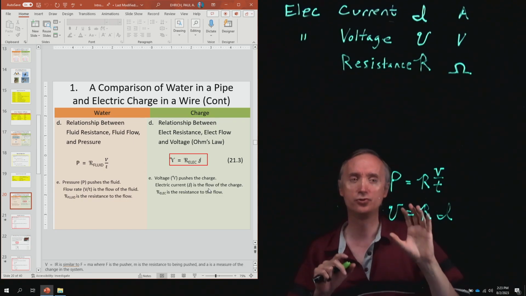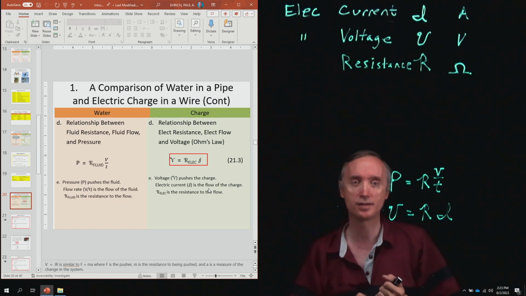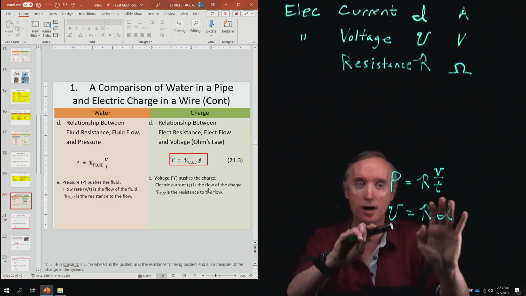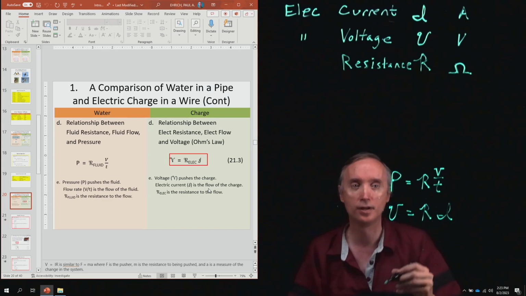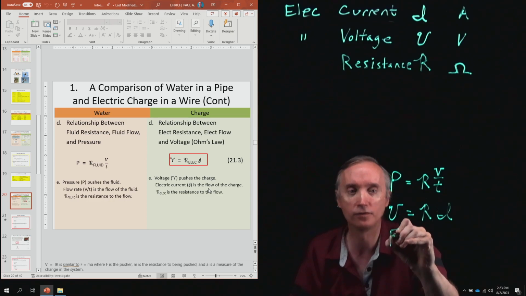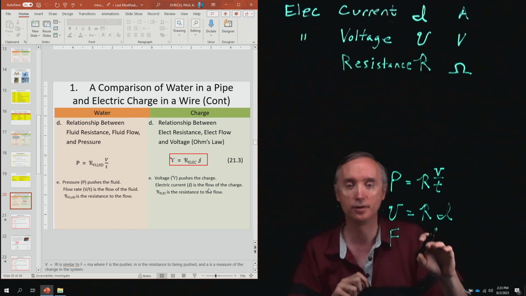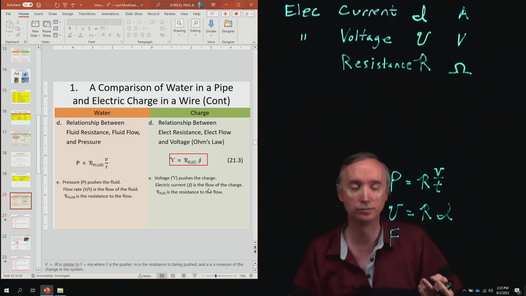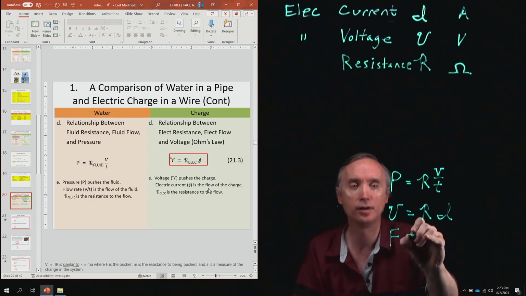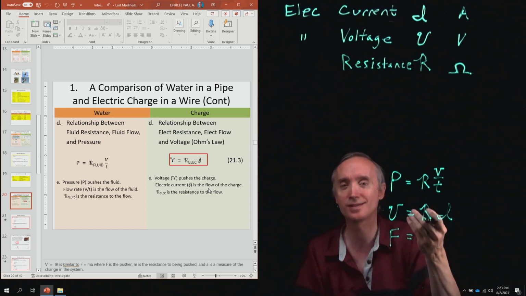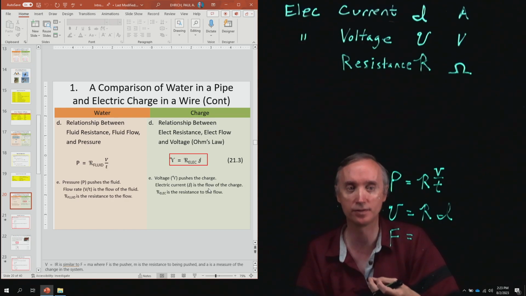Now, again, do not worry about this as far as the test is concerned, but if you know anything about pushing objects, you know that you push it with a force. So a force, you apply it to, let's say you're trying to move a piano, and you can move it. So Newton's second law of motion says that force equals ma.